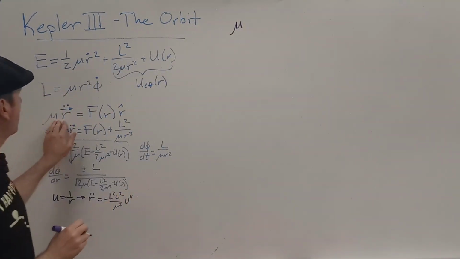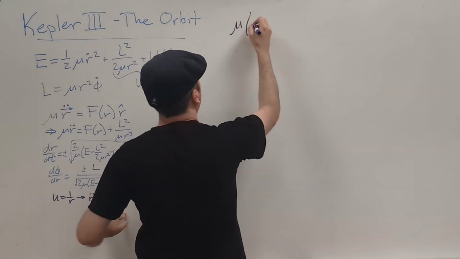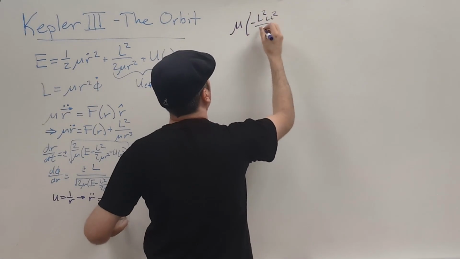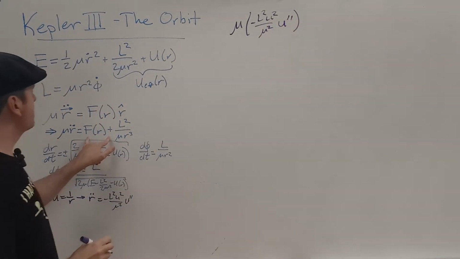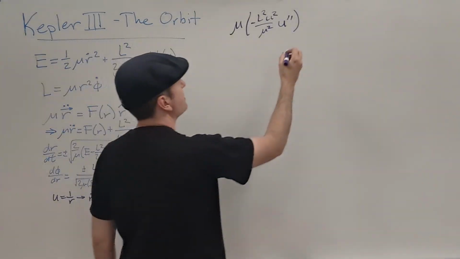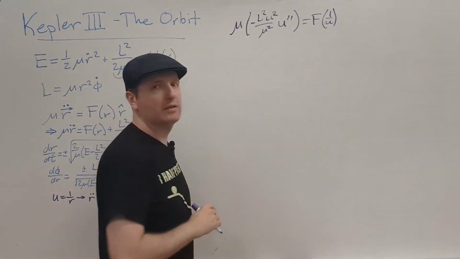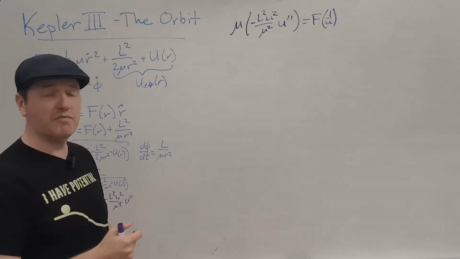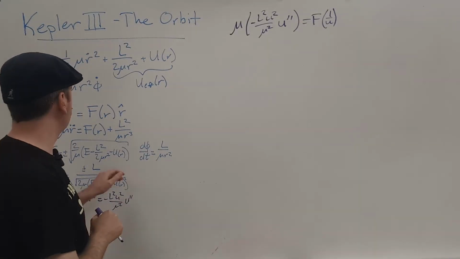Okay, so we'll start with our r double dot, which is now this negative thing. On the right-hand side, we've got f of r, which of course is now going to be f of 1 over u. So it'll be a little curious maybe, but it's convenient if your forces are reciprocal power laws.